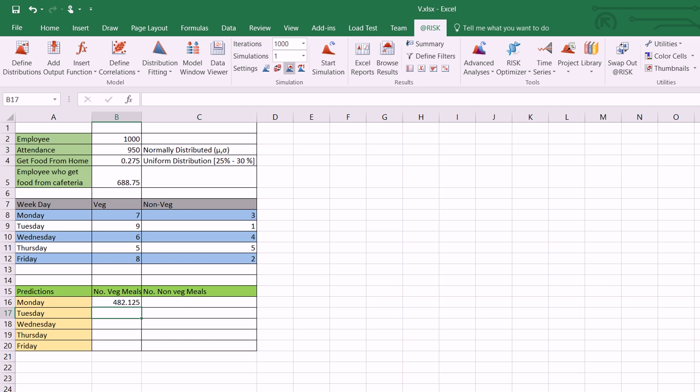So that would be the value for your vegetarian number of meal packs for Monday. Similarly for non-veg, multiplied by the value, divided by 10. So that would be my value.